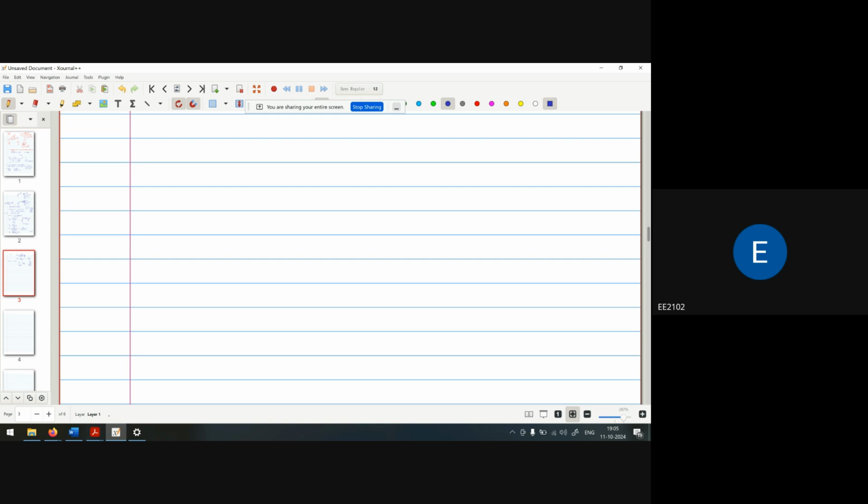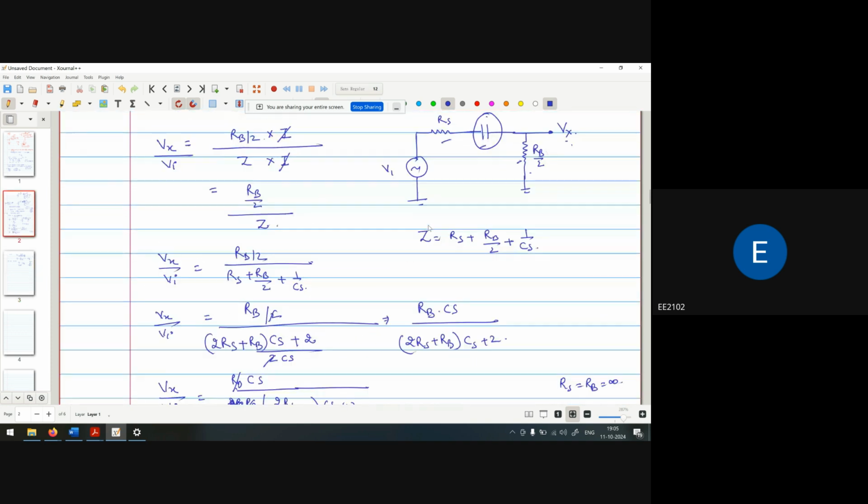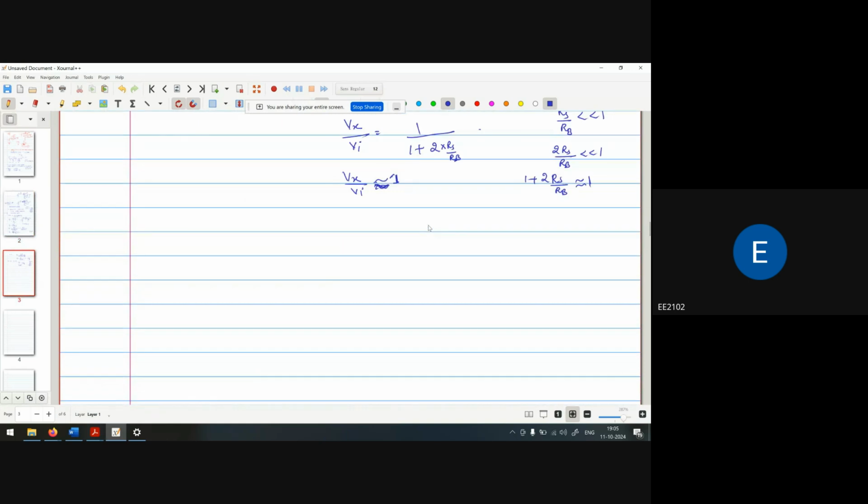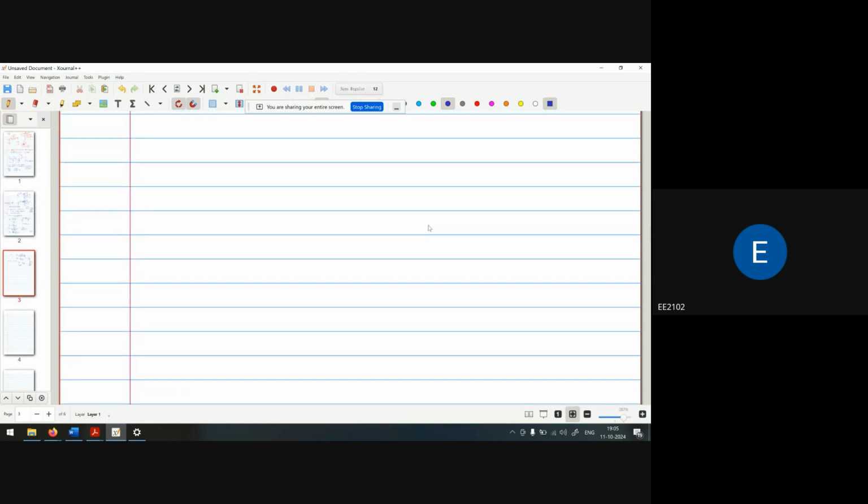If you are going to calculate the frequency, so what you can do here, Vx upon Vi is equal to Rb by 2 upon Rb by 2 plus Rs plus 1 upon Cs.